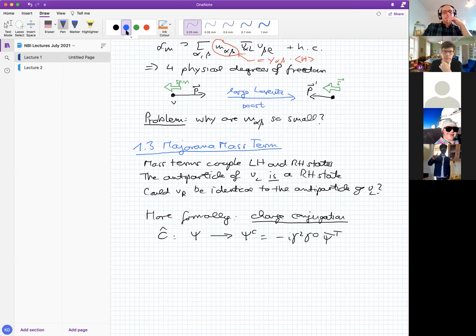And this whole thing here, this i gamma 2, gamma 0, is sometimes just called the charge conjugation matrix. So notice that on the right-hand side here, we have some gamma matrices that ensure that the field has the right transformation properties. But notice we have here psi bar.